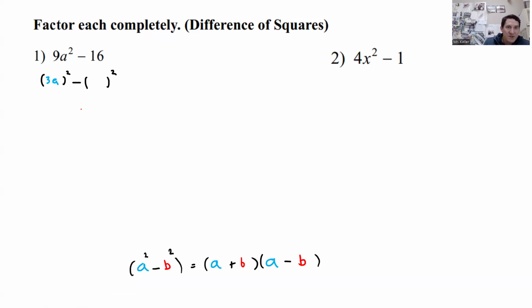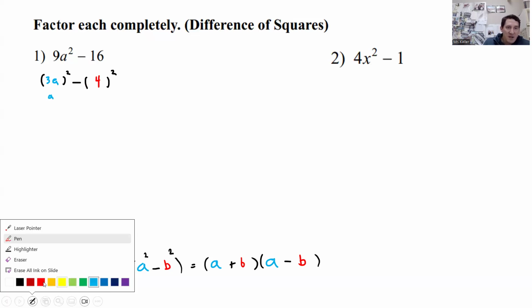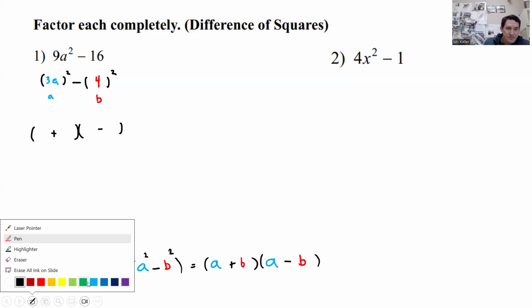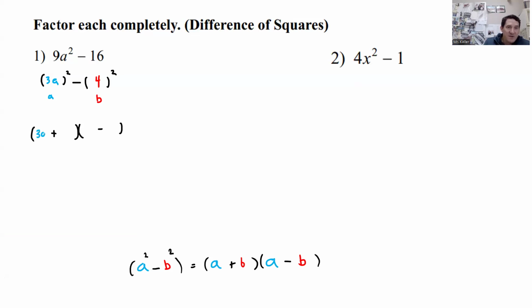So I'm just changing this so we can see that this is our a, this is our b, and it's just taking the square root of those. And so this is going to factor. I'm going to write out, it's just two binomials. One's going to be plus, one's going to be minus. So our a comes first, 3a, plus or minus b, 4. And that's it.